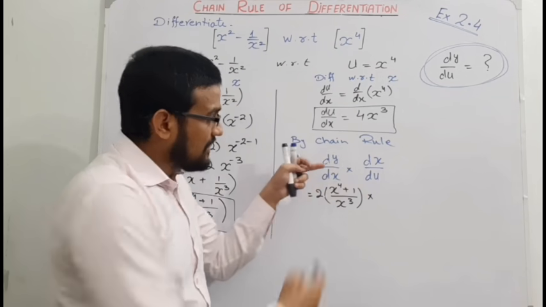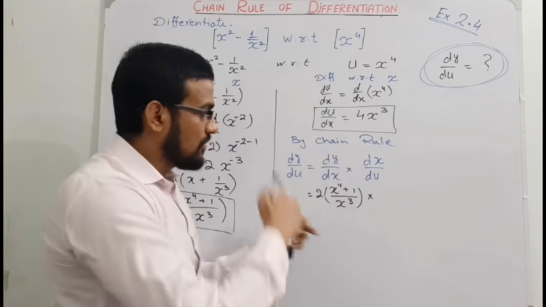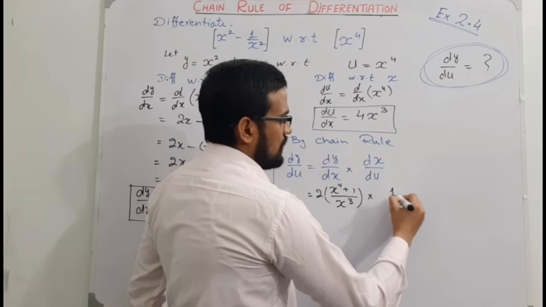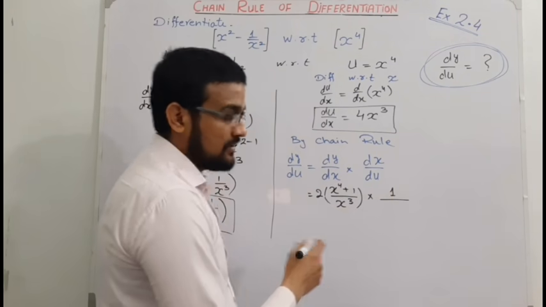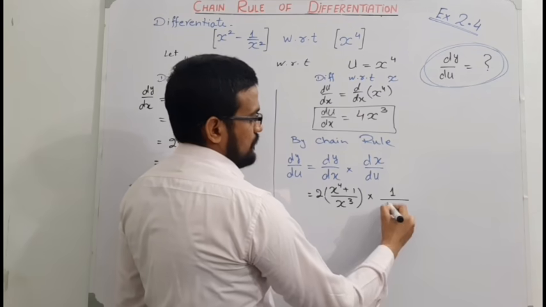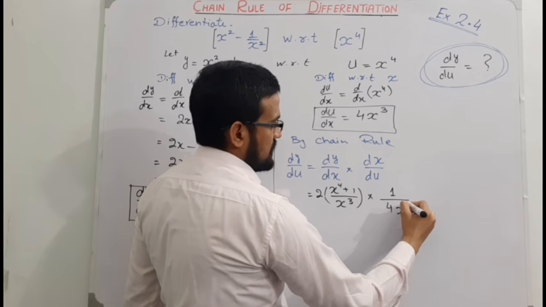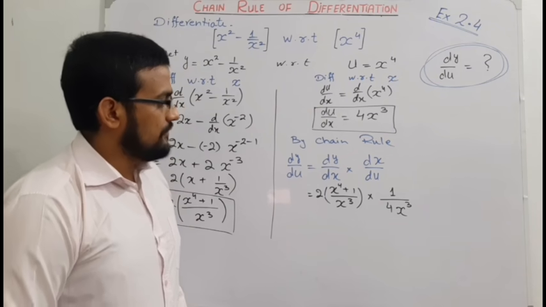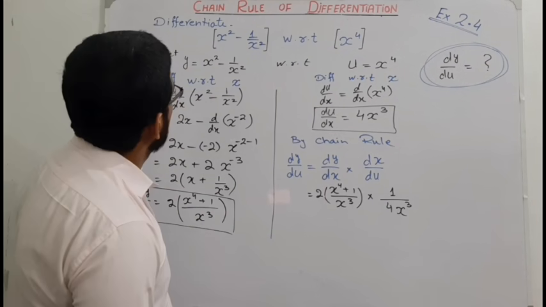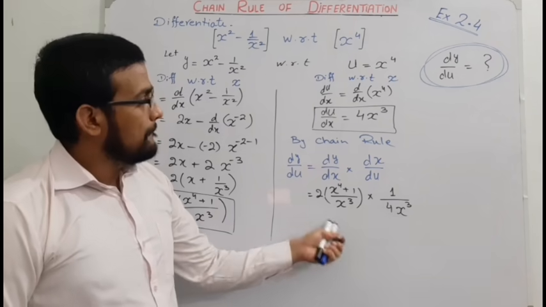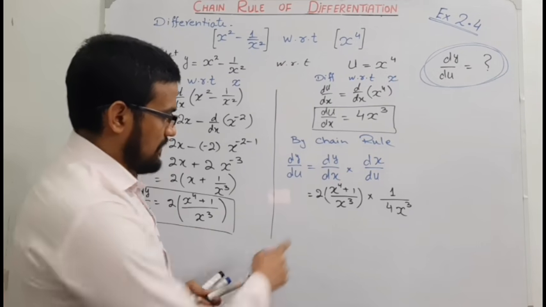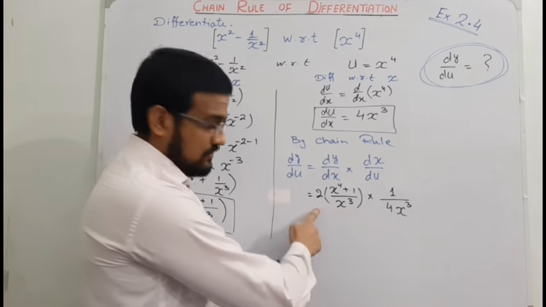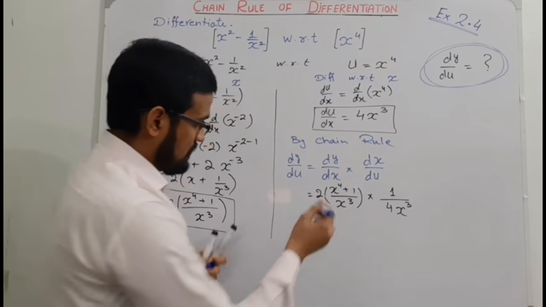It means it is a reciprocal, 1 over 4x cube. And 2 and 4 cancel with each other.